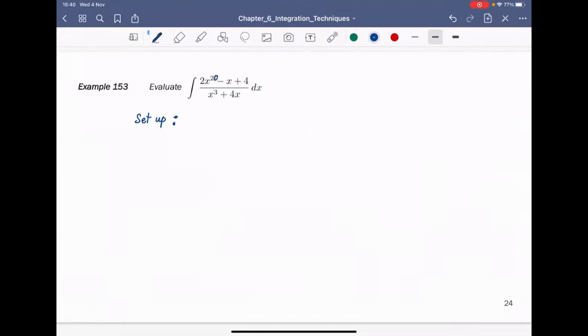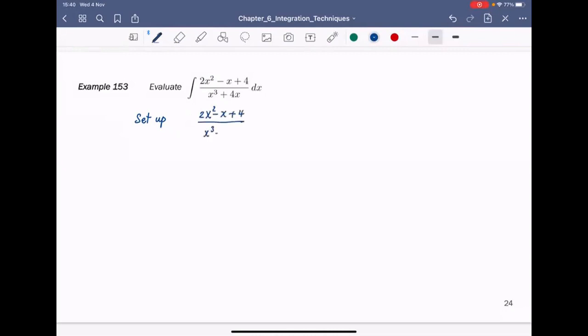Let's say I have x raised to the power 20 here. That means you have to do long division first, so you get the degree on the top less than the degree on the bottom. Here I have degree 2 on the top, degree 3 at the bottom. So that's already good. So I'm going to set up that.